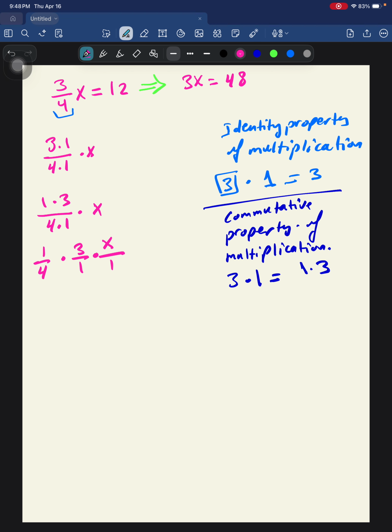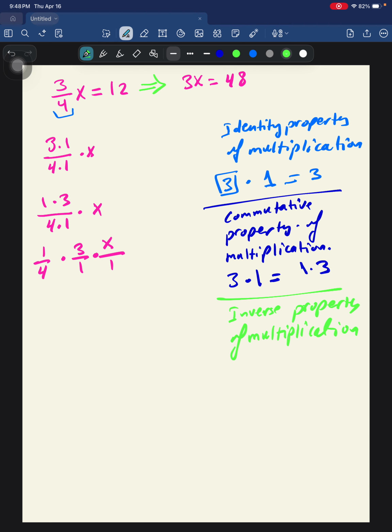So I need another property in math, and we call this property the inverse property of multiplication.